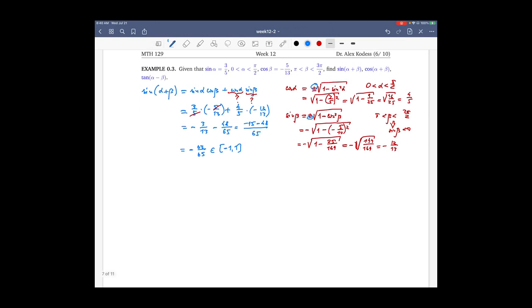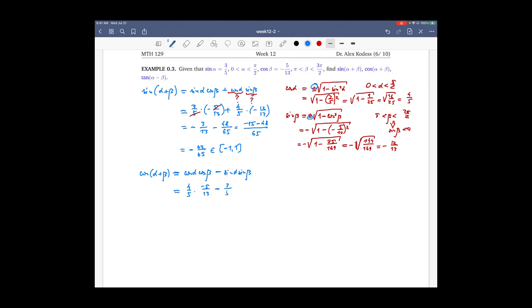Now when we compute cosine of the sum, we again use one of the formulas we proved before, cosine of a sum. That's the product of cosines minus the product of sines. All these values, I believe we already know: cosine alpha, cosine beta, sine alpha and sine beta. So cosine alpha is 4 over 5. Cosine beta is negative 5 over 13.